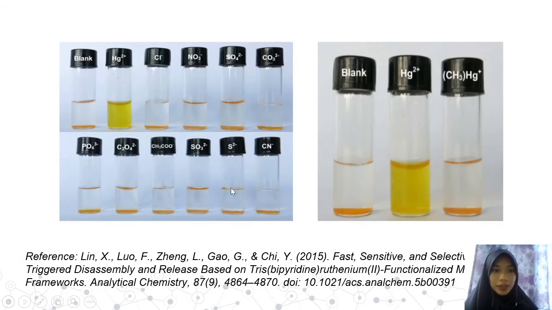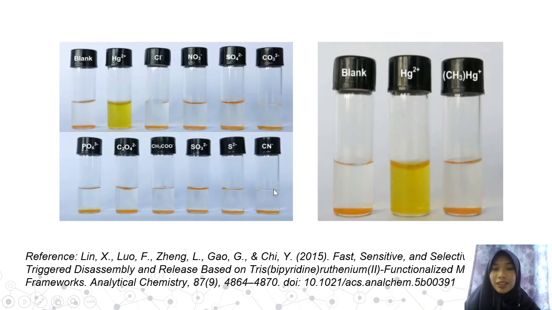In these pictures, it shows how selective this MOF is. As you can see here, in various types of anions, it doesn't show any color change, except for Hg2+ here, and even when compared with its organic counterpart, methyl Hg+ here, it doesn't show any change.